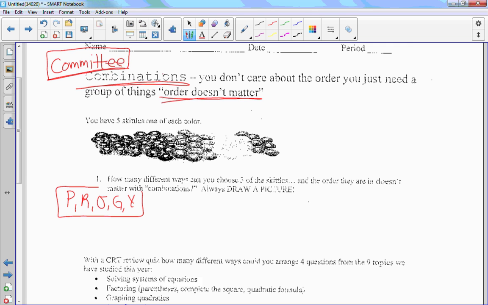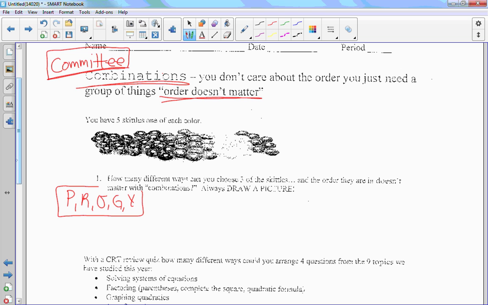We don't care about the order that we grab them. We just want a handful or a collection or a committee. Okay, so our first example, this is what you can actually do. You have 5 different Skittles to choose from. How many ways can you choose 3 of the Skittles to be in a committee?